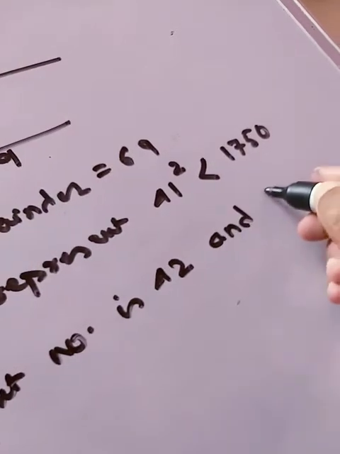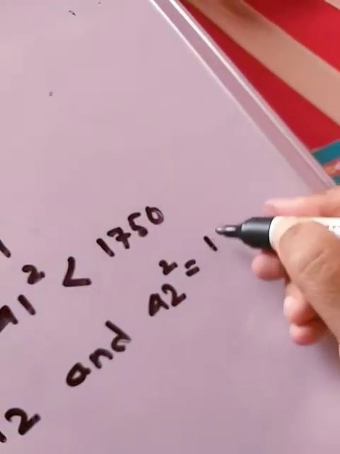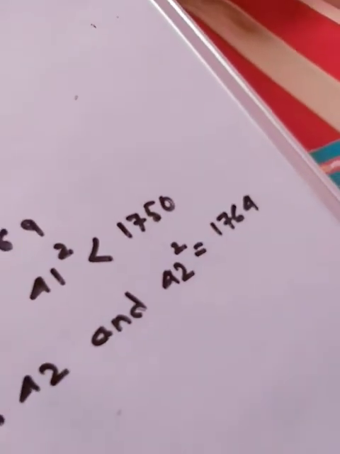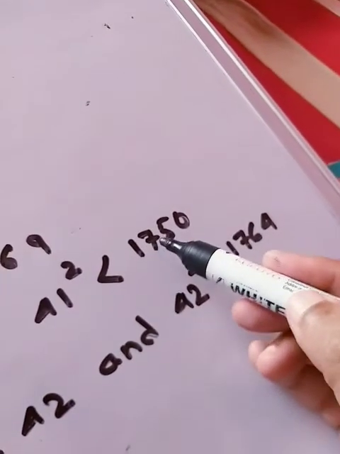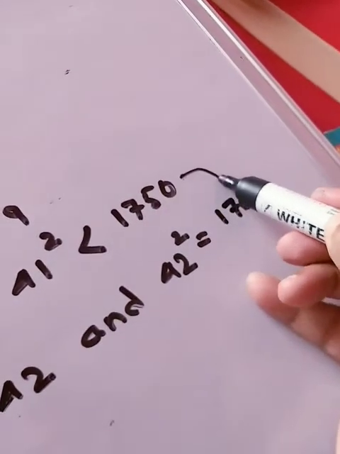And what is the square of 42? 1764. Now we have to make 1750. We have to convert this 1750 to this number.